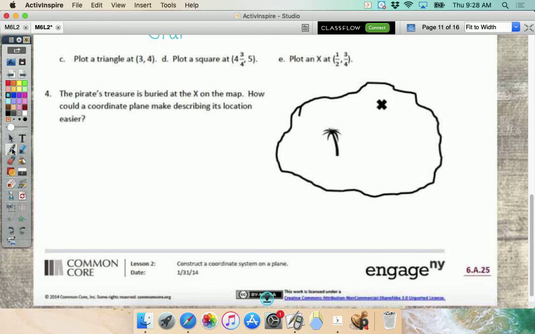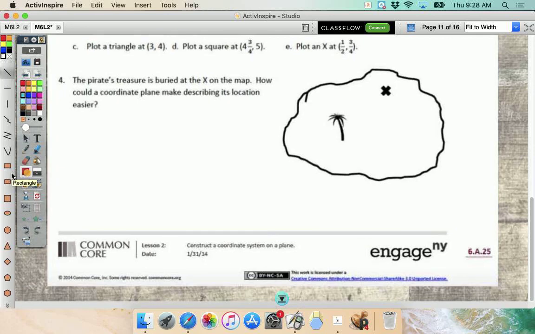How could we change this treasure map so that we could know the exact location of the X? What? You're going to have to talk louder than that. I can't hear you. We're going to have to make a coordinate plane, aren't we? All right. Use your protractor to make a straight line to the best of your ability with a 90-degree angle.